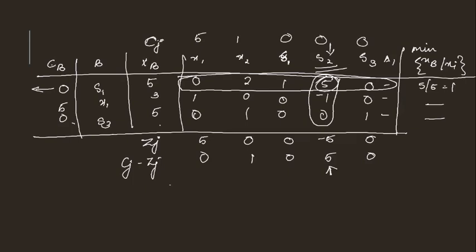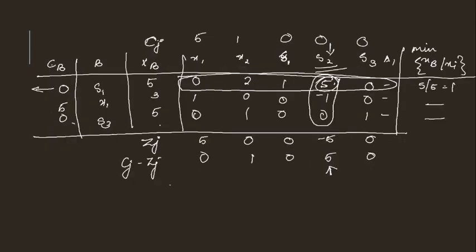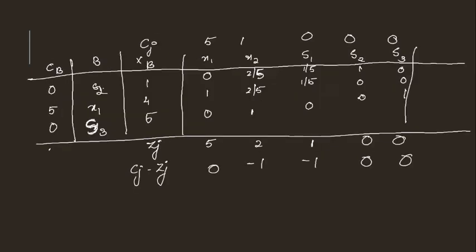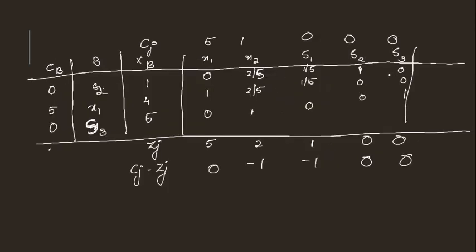Then with regards to the key element in the previous table, it is 5, so you have to convert this into 1. So I have converted that into 1, and the other elements also should have the same changes, so that is also done.